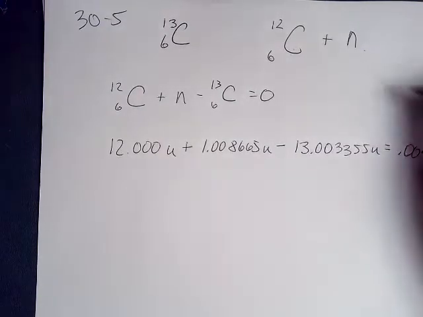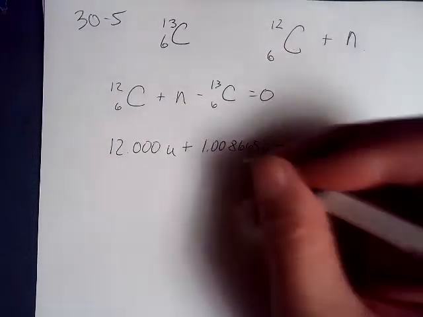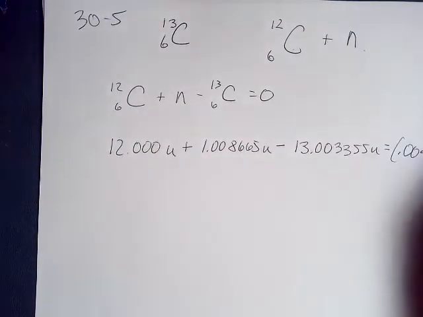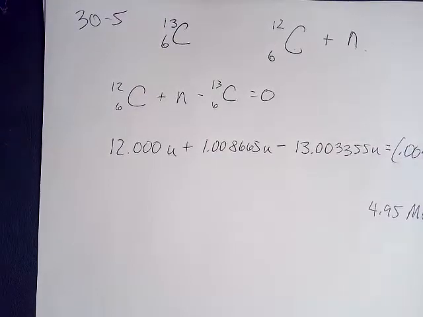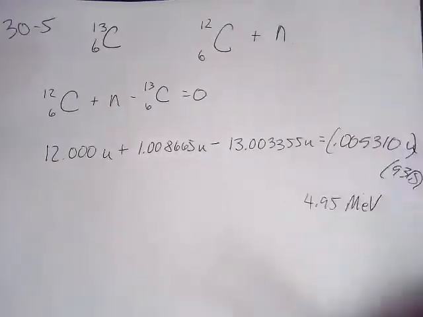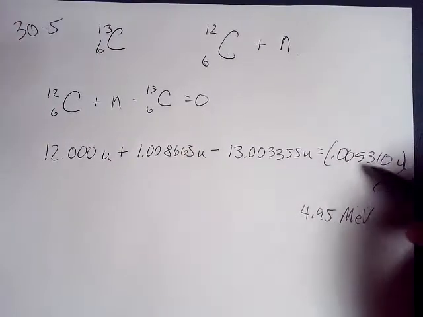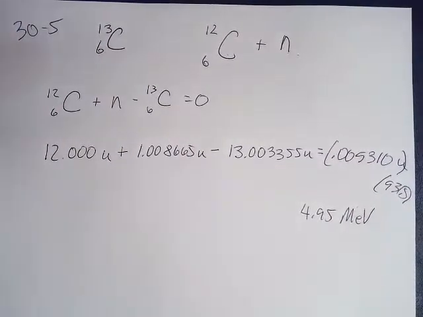Now this is the total for one particle. We still have to multiply this by the 931.5 to get it into MeV. This should come out as 4.95 MeV. It got off the screen there, but you can see it's just writing out the answer.